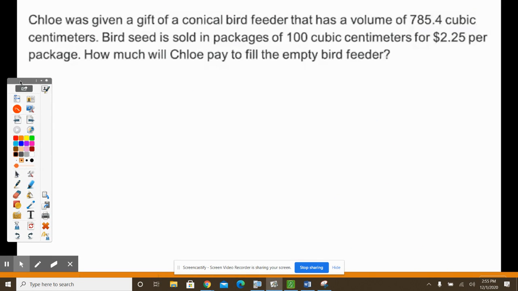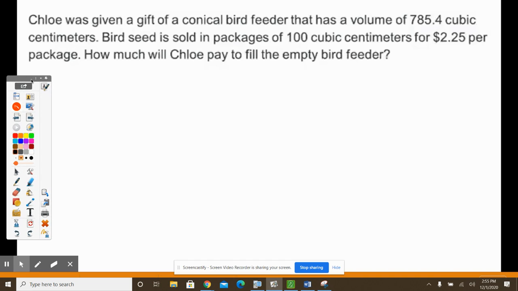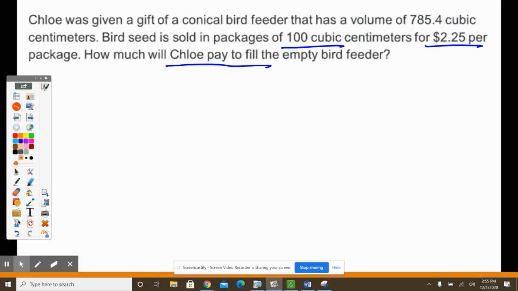And she was given that bird feeder, and then she found out how much the bird seed was. It comes in packages of 100 cubic centimeters for $2.25 per package. How much does it cost her to fill it? Well, what was my volume again? The volume is 785.4. How many packages is she going to need?